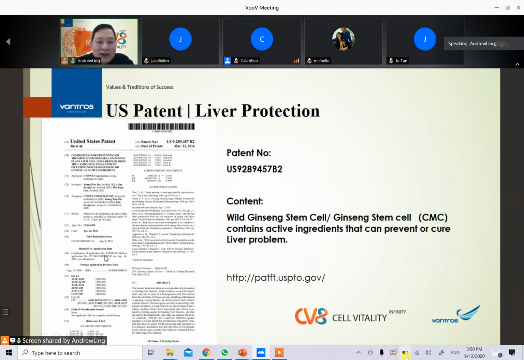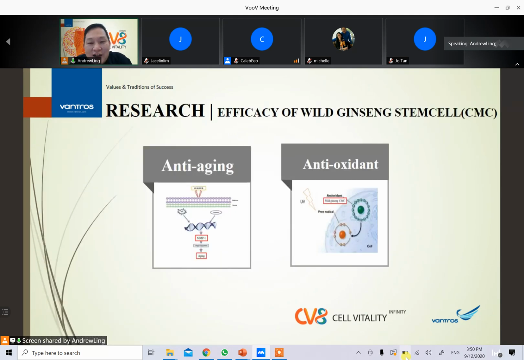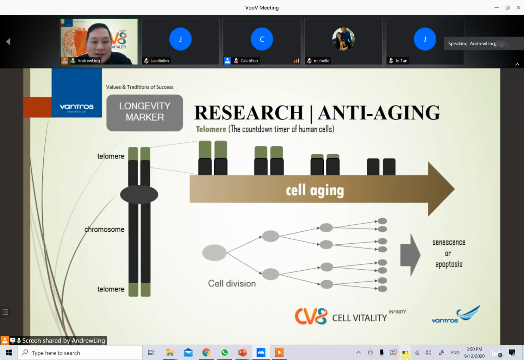Of course, the other thing is that it is proven that the wild ginseng CMC is very effective in anti-aging and antioxidants. One of the researches they did relates to telomeres, the markers on your cells. It is actually the countdown timer of the human cell.